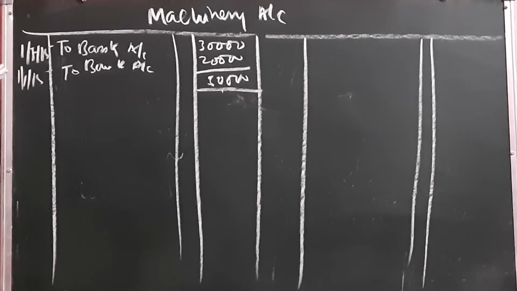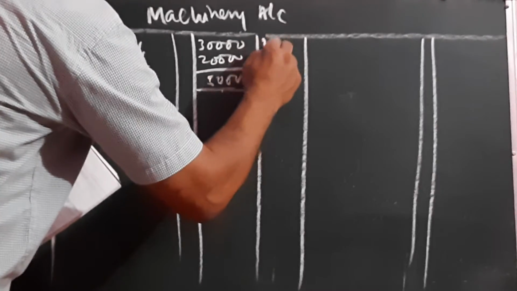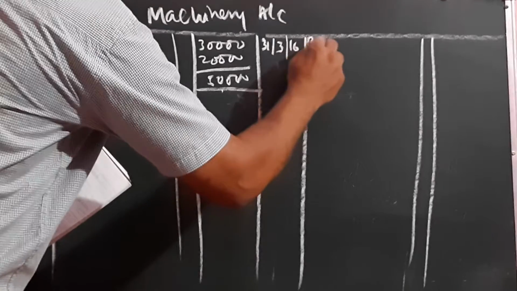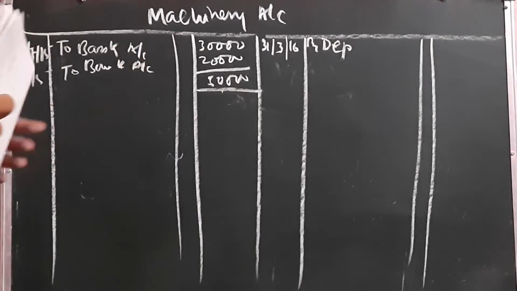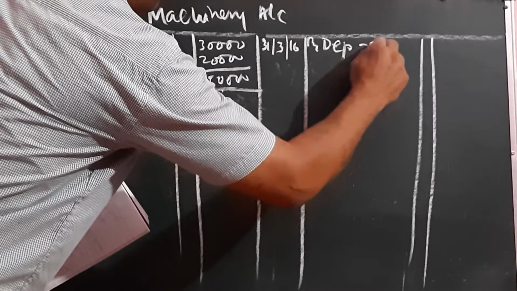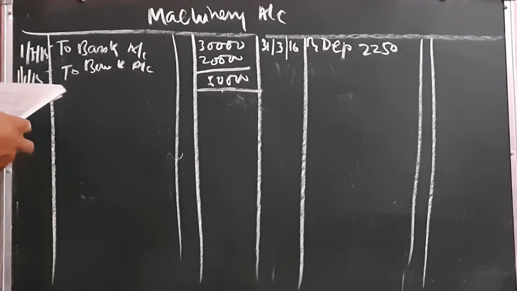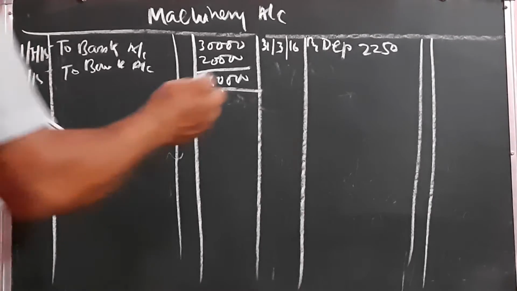Depreciation charge on this machine: now on 31st March 2016, by depreciation on the first machine of 30,000, calculated for 9 months, is 2,250. The second machine, purchased on 1st January 2016, is charged for 3 months, which is 500.